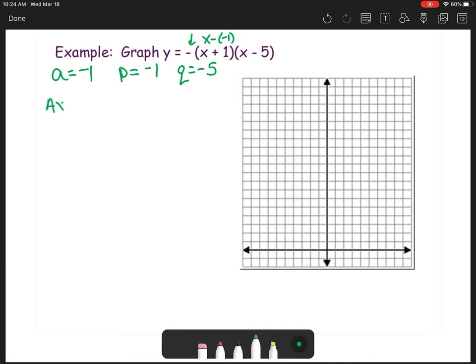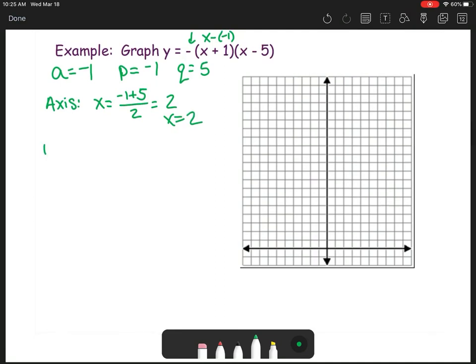We want to find our special things like the axis of symmetry. That is x equals -1 plus 5. Sorry, I wrote this as -5. It is 5. Well, -1 plus 5 over 2, which gives us 4 over 2, so 2. Vertical line x equals 2 is our axis of symmetry.